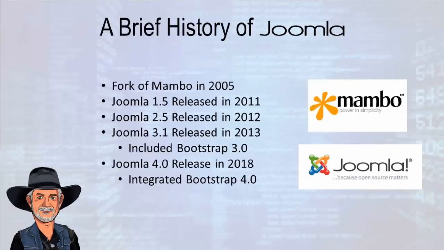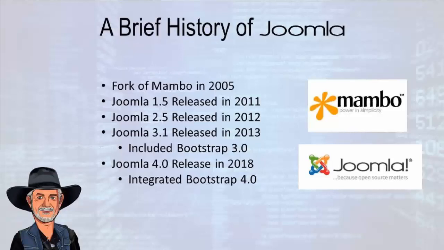Now, Joomla was first introduced in 2005 as a fork of Mambo. And for those of you who are not familiar with the term fork, it's synonymous with a branch. You'll find that very common, especially in Linux, where they call them distros, short for distribution.